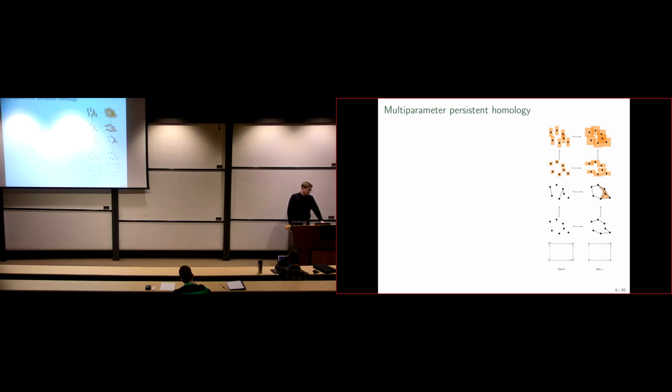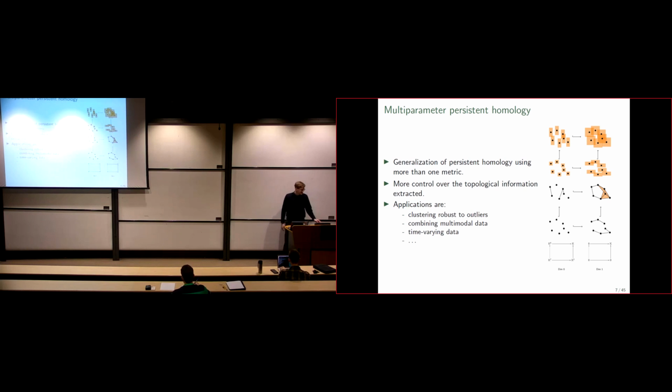All right. So multi-parameter persistent homology is what we will talk about today, and it's a generalization of persistent homology in the sense that you can get more control over the topological features that you extract.